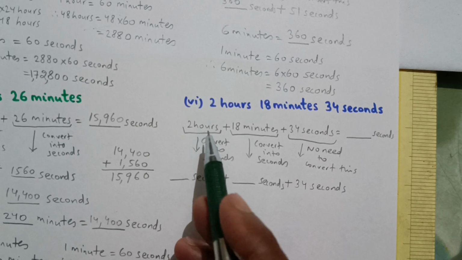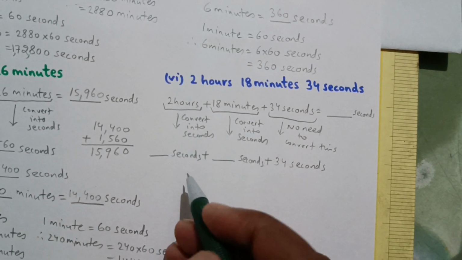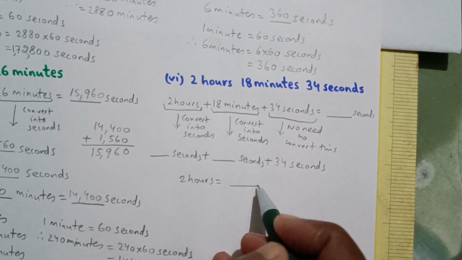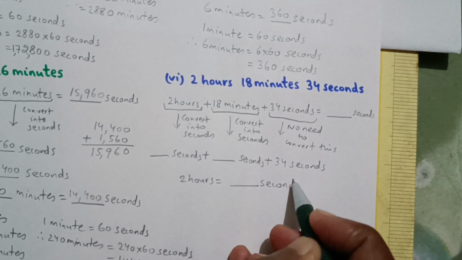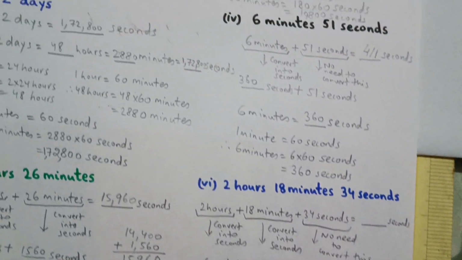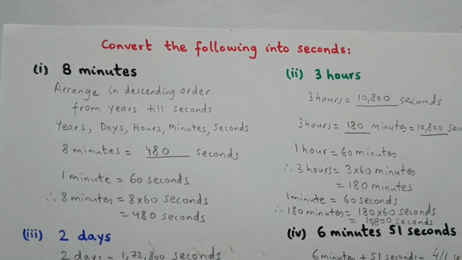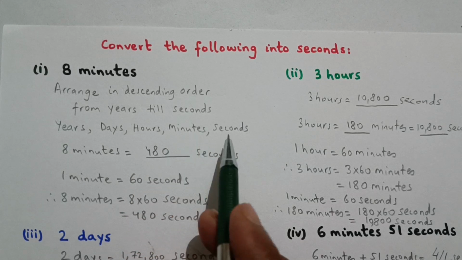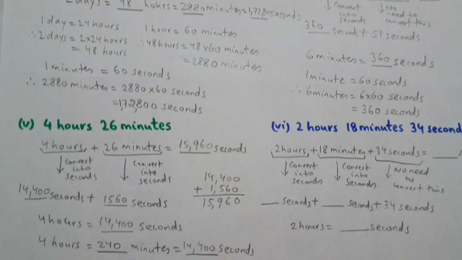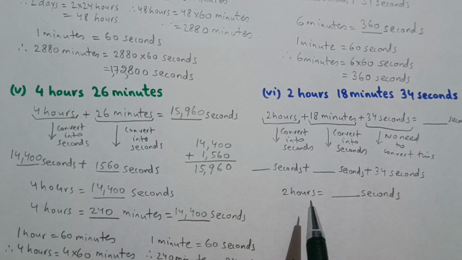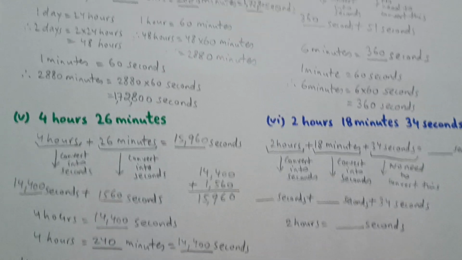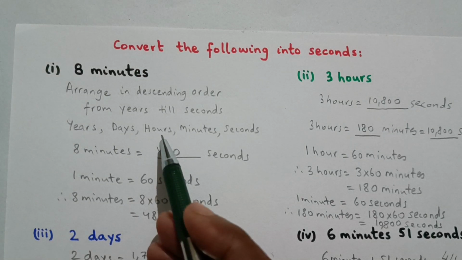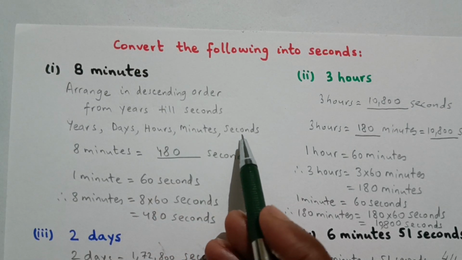So first let us convert 2 hours into seconds. 2 hours is equal to how many seconds? Let us look at the descending order: years, then days, then hours, then minutes and then seconds. Here we have to convert hours into seconds.